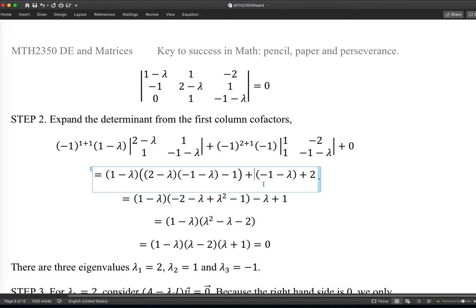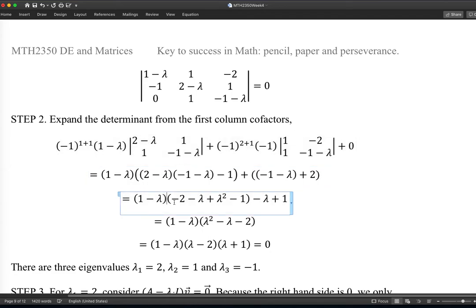It might be helpful to add another pair of parentheses to indicate that these two are from this part of the determinant. If you are watching the video, do pause a little and see if the writing makes sense to you. You really don't want to rush to multiply everything out.